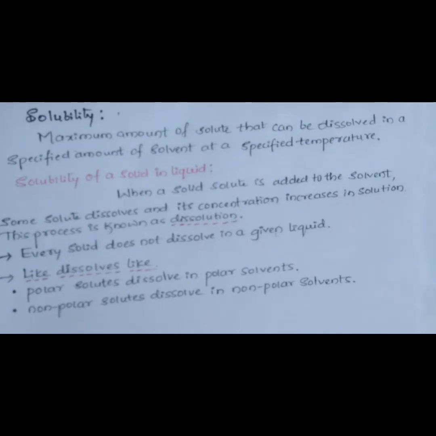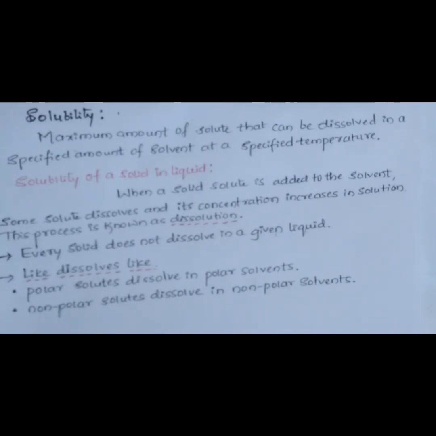In general, we can say that polar solutes dissolve in polar solvents and non-polar solutes dissolve in non-polar solvents. Polar solutes, such as sodium chloride, must have charges on them, and such solutes are considered as polar solutes.